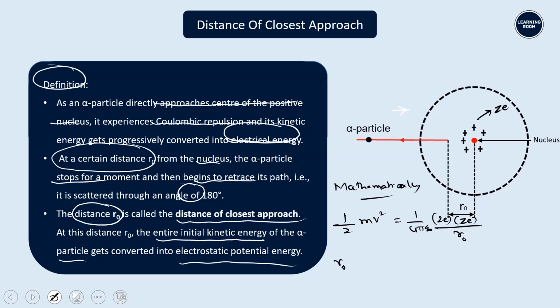So from this, if you rearrange the equation, R naught will be equal to, so 2 will cancel with 2. So R naught will be equal to 1 by (pi epsilon naught m v square) multiplied with Z e square.